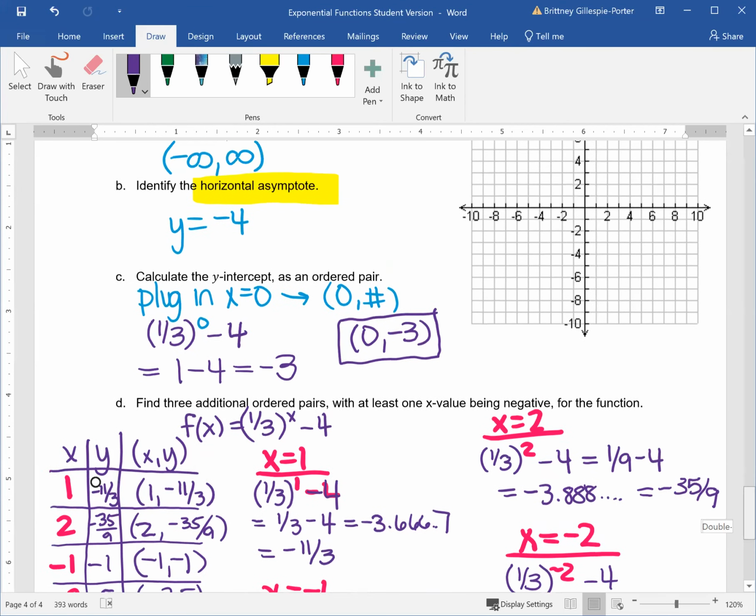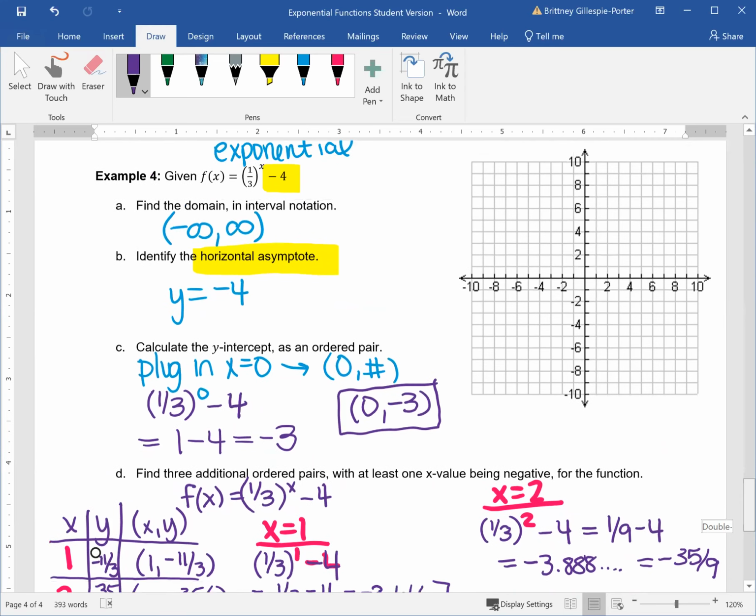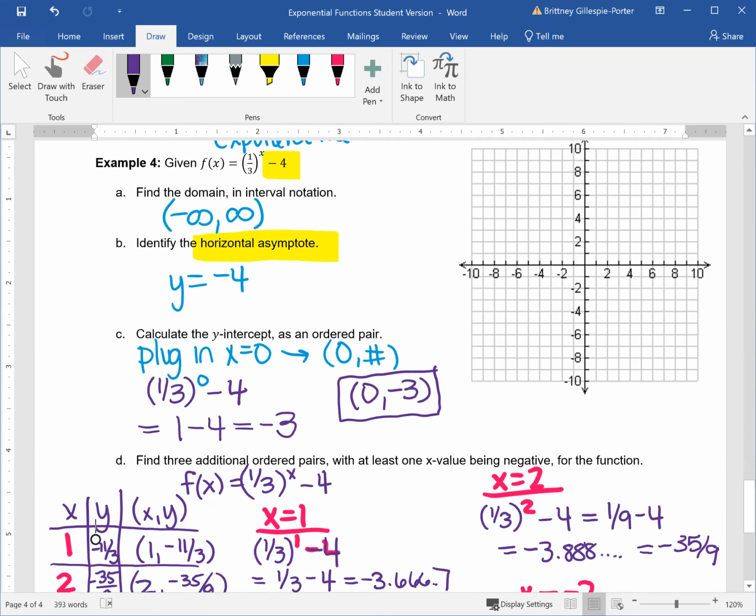So again, let's go ahead and graph this so we can see what's going on. We have the ordered pair 0, -3, which was our y-intercept. We had 1, -11/3. And remember, -11/3 was -3.6666, so forth and so on. So a little bit more than 3.5. So 1 and then -3.5, roughly.